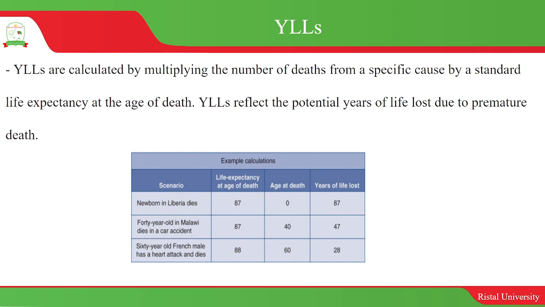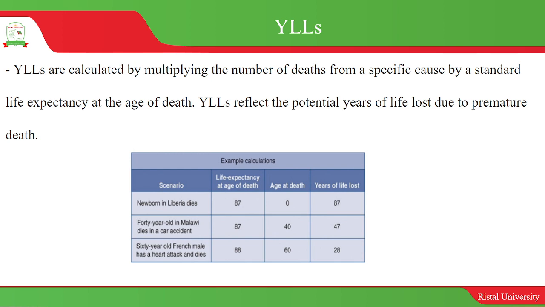So by the time these people died, what was the standard life expectancy? If the life expectancy, let us say in South Sudan, is 64, and you have someone who has died of ischemic heart disease, and that person was about 50. The person has died at 50.